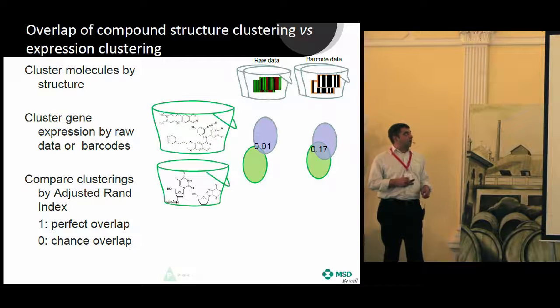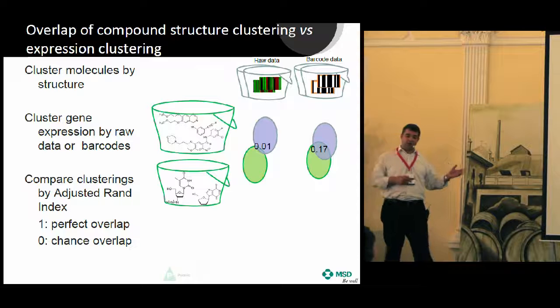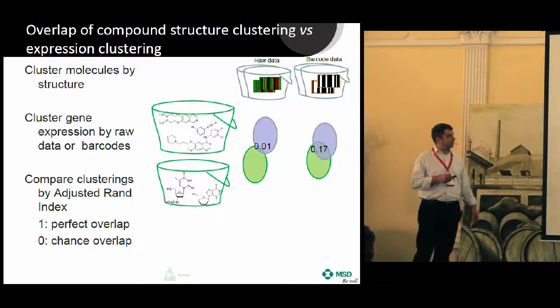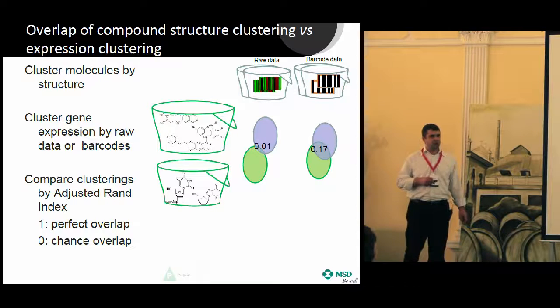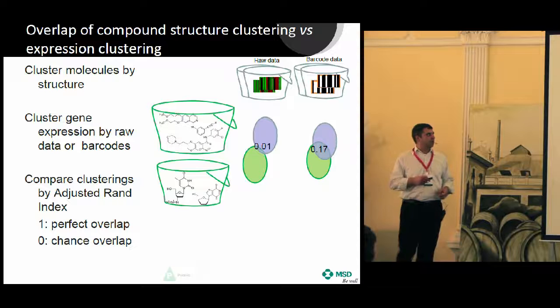So you can cluster compounds by structure. So you can see that these compounds sort of have a similar structure to each other, and these compounds sort of have a similar structure to each other. This is often done in chemistry and cheminformatics. You can also cluster, obviously, these gene expression profiles using hierarchical clustering or k-means.